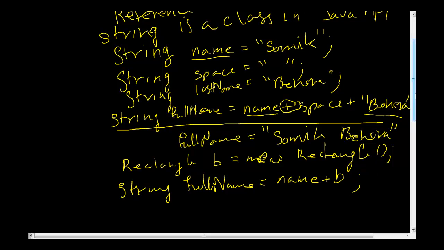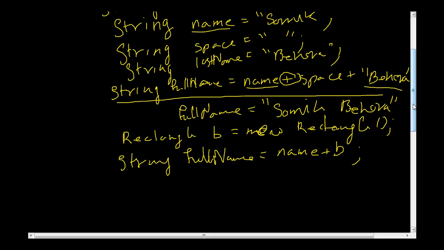Name is of type String and b is of type Rectangle. What will happen is that you will not get a compiler syntax error because this is absolutely allowed. Internally, what Java will do is it will call name plus b dot toString.